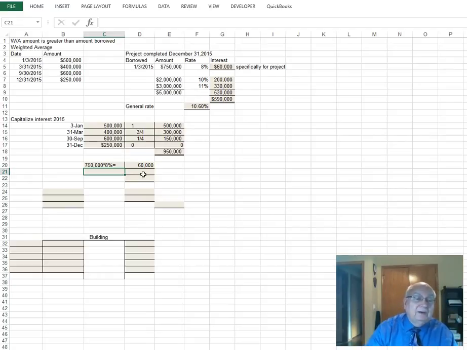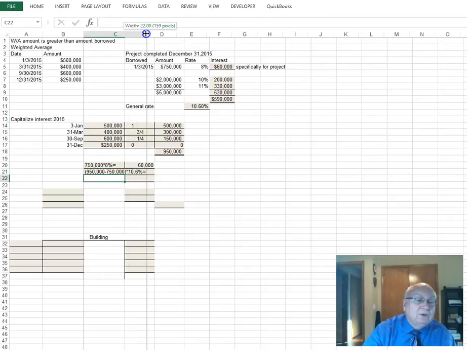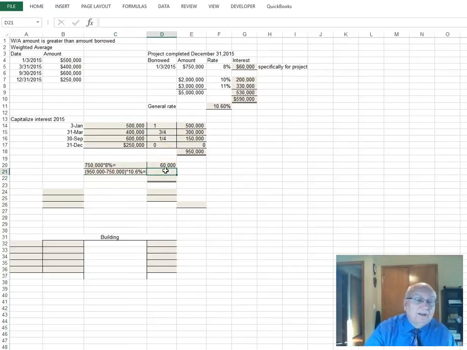Now, for the amount that we need here, we would have the 950,000 that we have to capitalize minus the 750 times the 10.6%. And again, that's equals. Okay, I'll move this over a little bit so you can see, because I want the formula there.